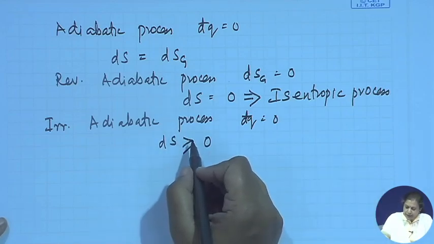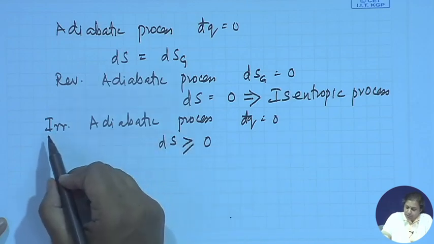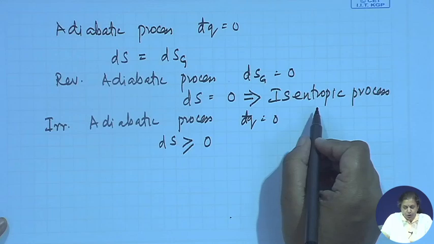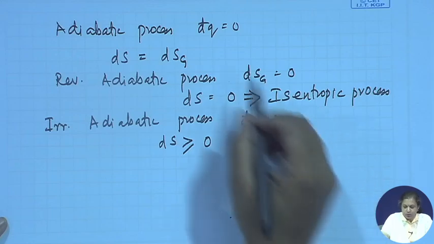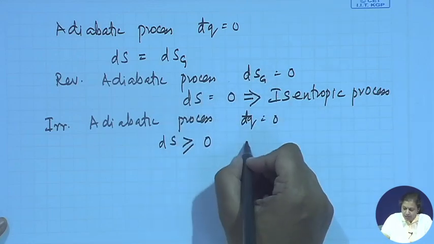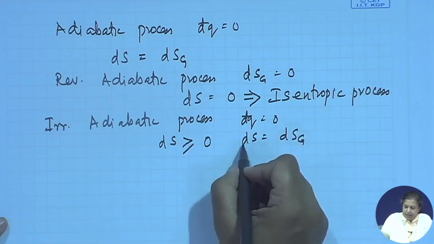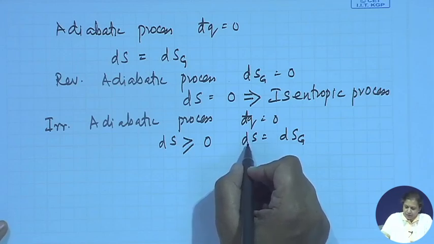So, when the process is irreversible adiabatic, it is not an isentropic process. Although dq equals 0, there is some entropy generation which results in an increase in entropy of the system, even when there is no heat transfer in this process.